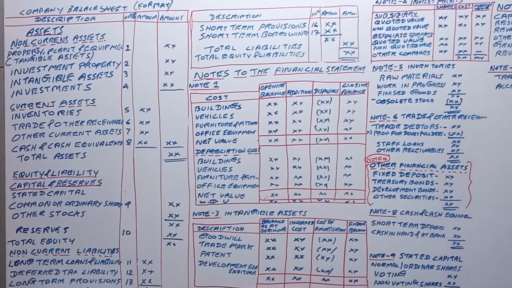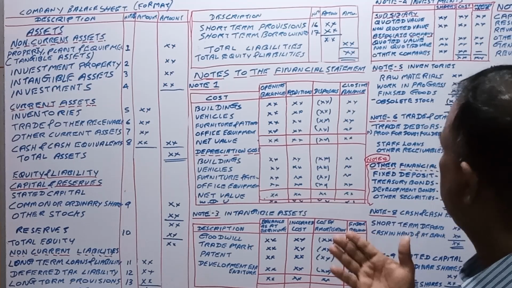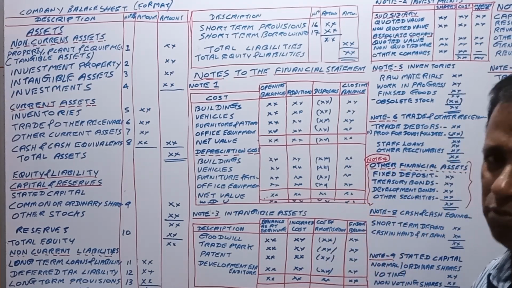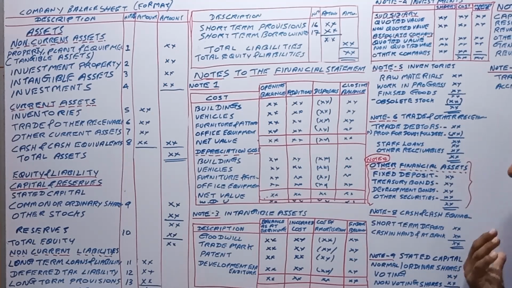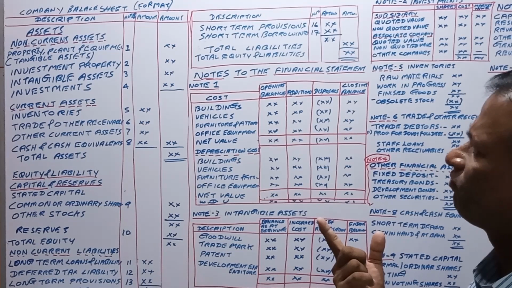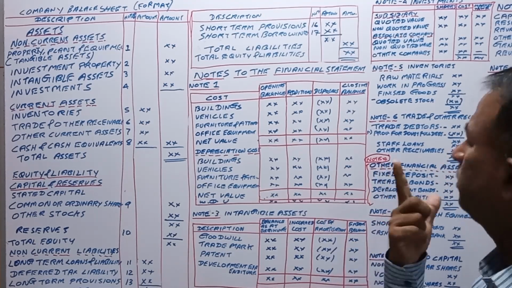If it is coming under the 12-month period, you have to disclose this under the current assets. If it is coming under the more than 12 months period category, then you have to disclose this to the non-current assets.